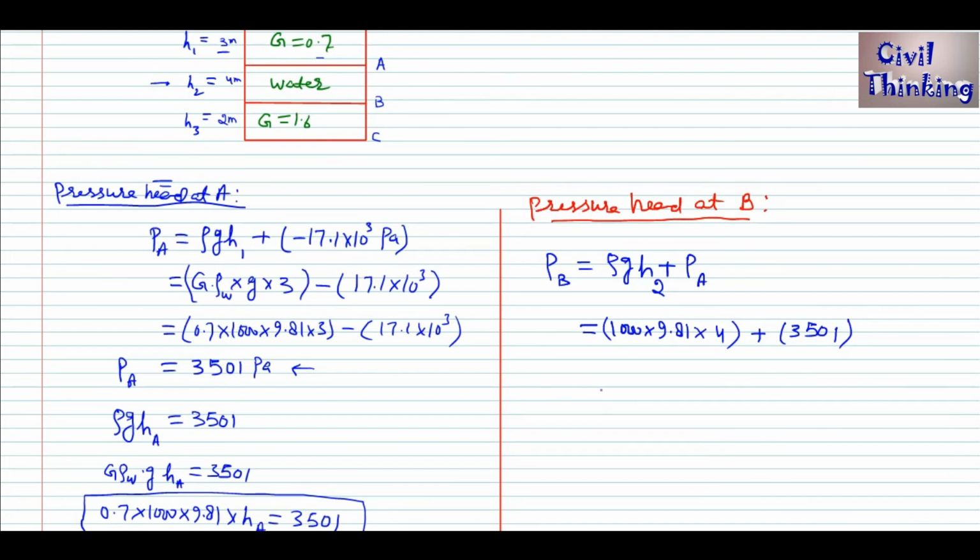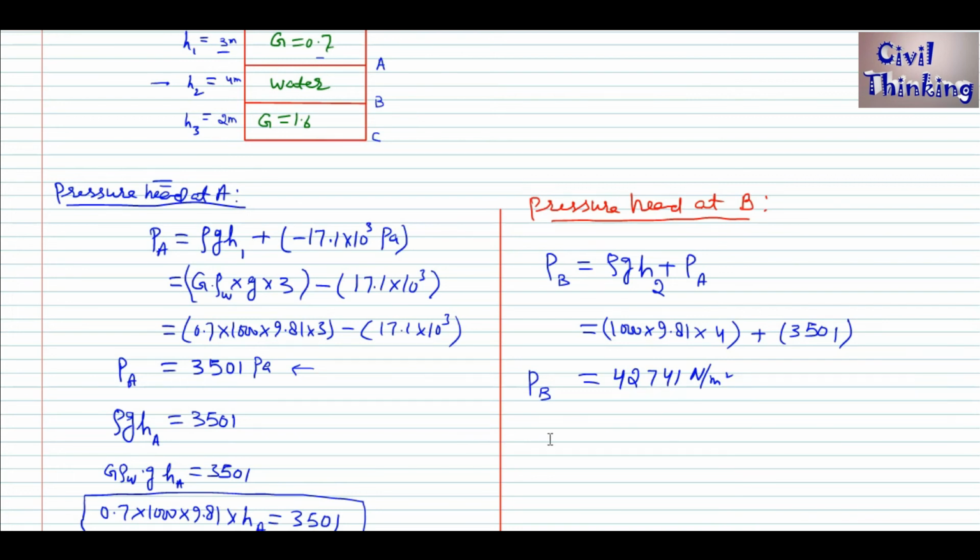Okay, so what we get for the pressure at B, let me use the calculator, in Newton per meter square. Here we go, we find the pressure at B.